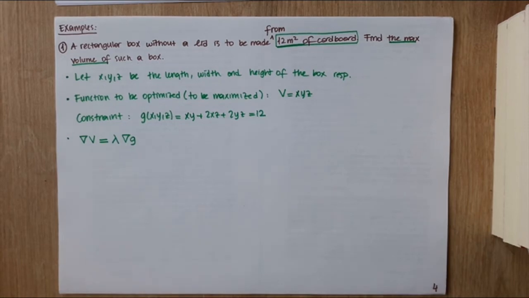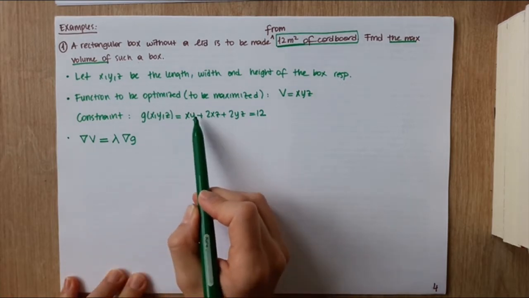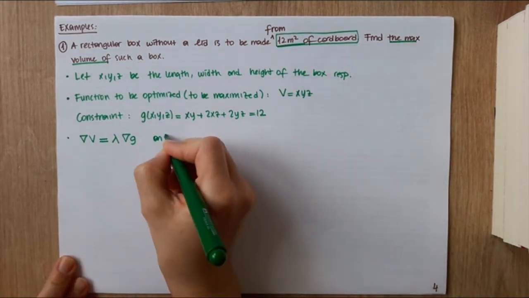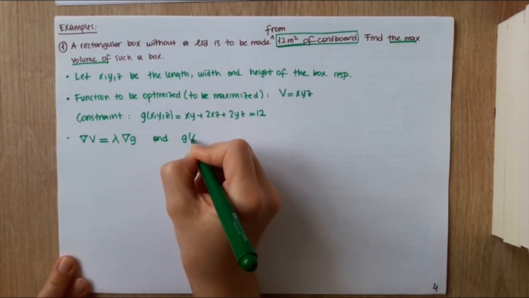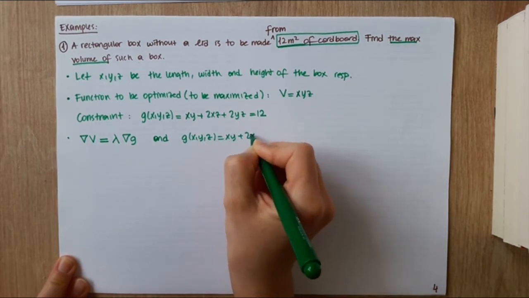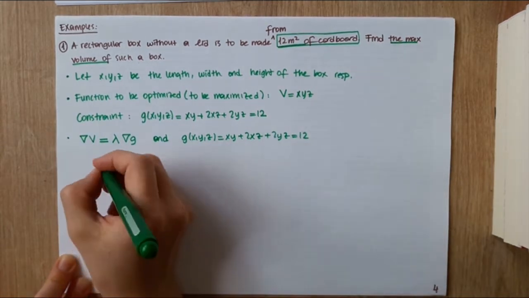Okay, the method of Lagrange multipliers says that you should satisfy this equation and this equation at the same time for x, y, z, and lambda. Okay, and we are looking for the solutions of those equations.